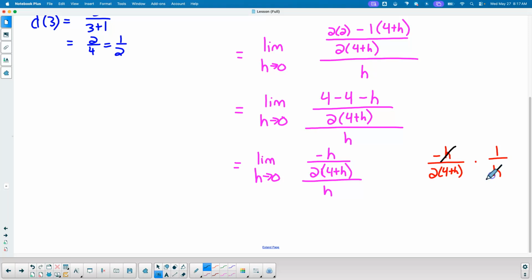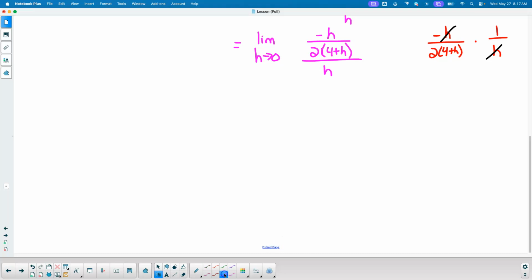Does h cancel out that h? So that leaves me the limit as h approaches 0 of negative 1 over 2 times 4 plus h. Correct?